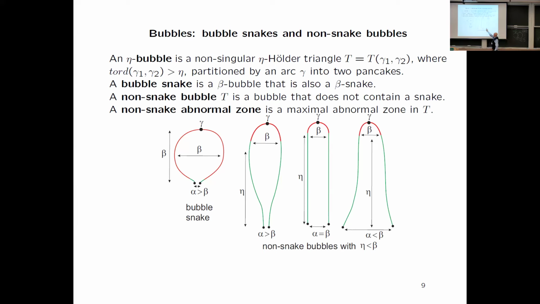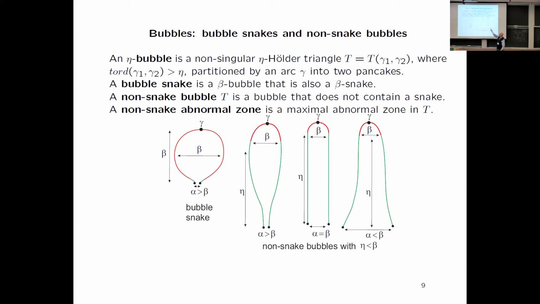And there are different kinds of non-snake bubbles. Non-snake means, this is the simplest thing, you have like a cucumber with a top.